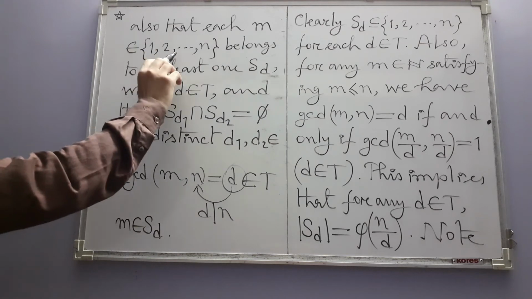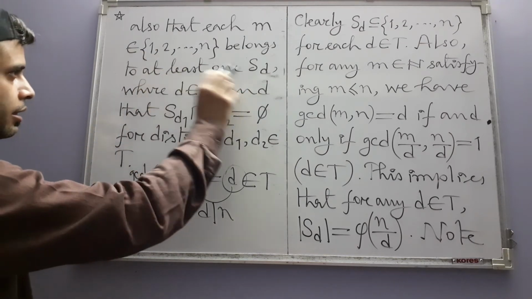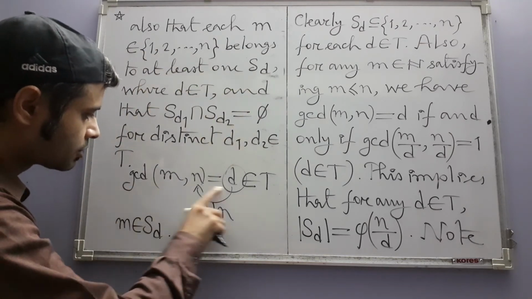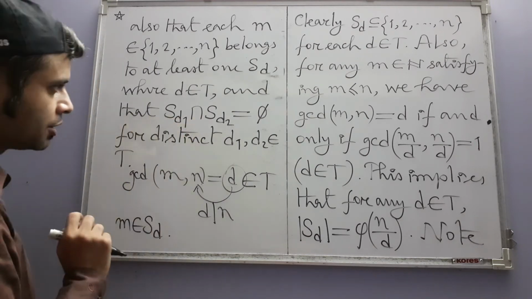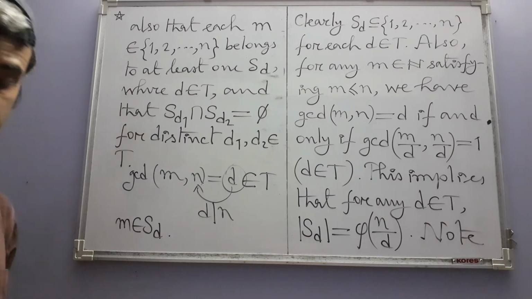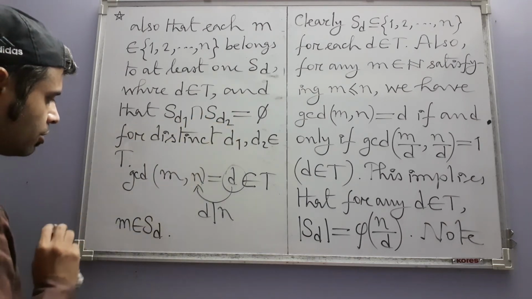So for each M there is a D such that M is in SD, and that D is just this. And where is this coming from? This disjointness is in fact easier.